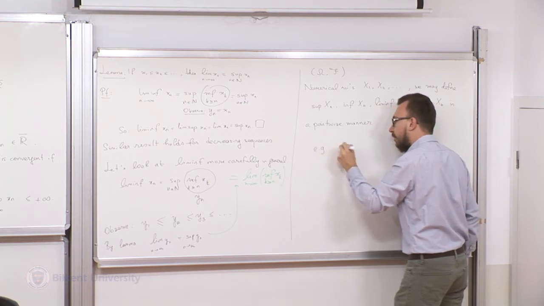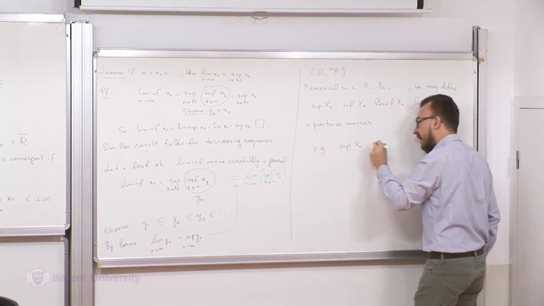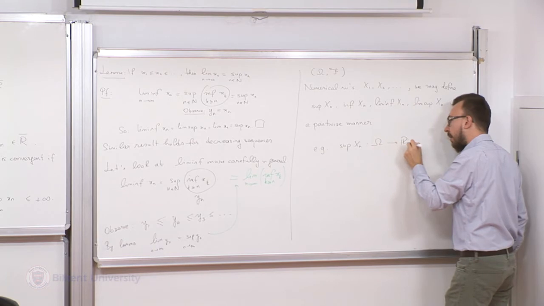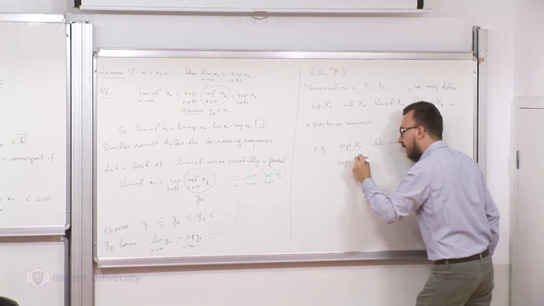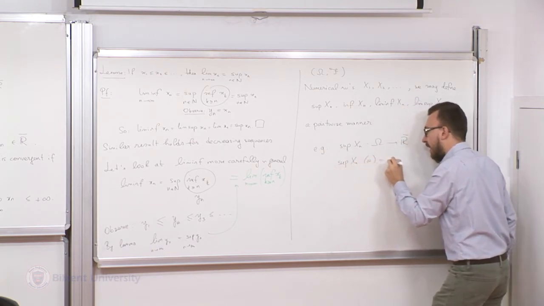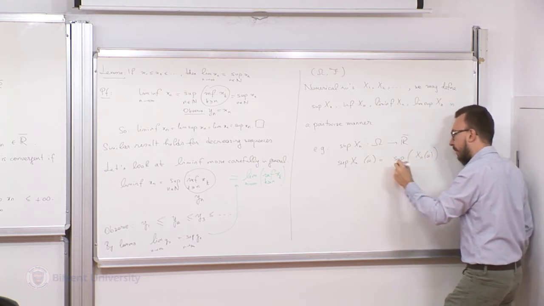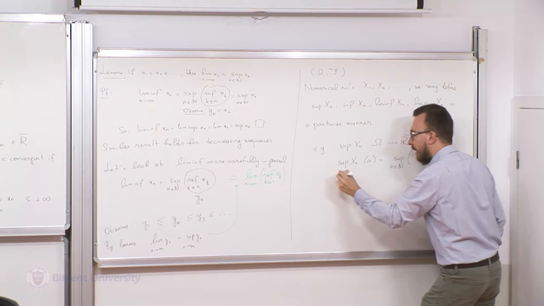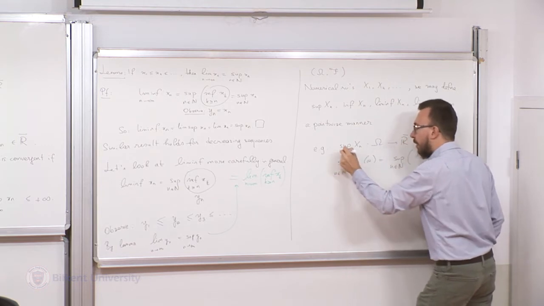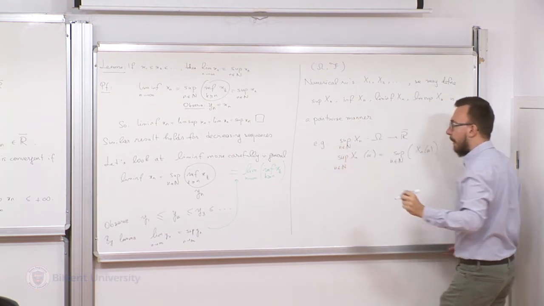For instance, sup_xn is the function which is defined at every omega as the sup of xn omegas. That is what I mean by point-wise operations.